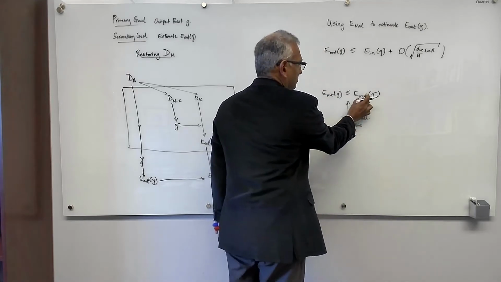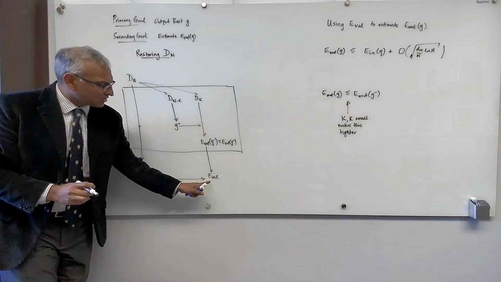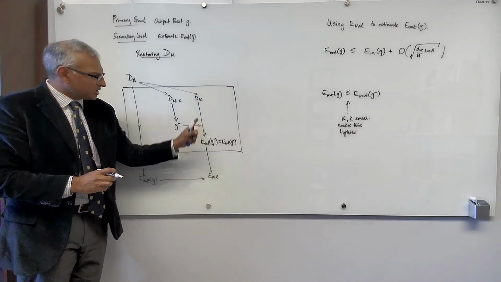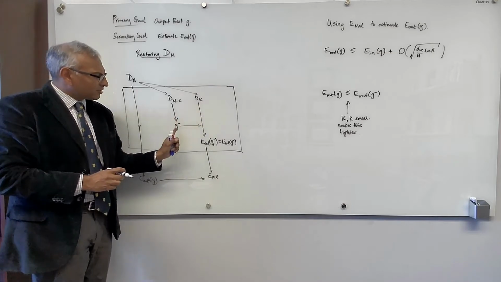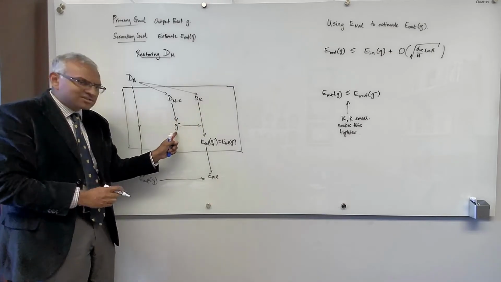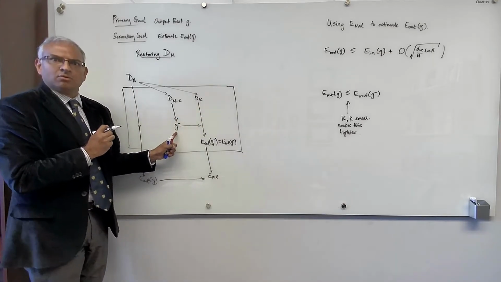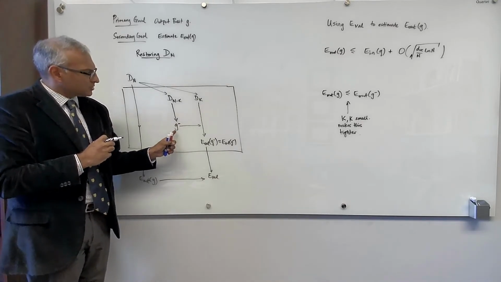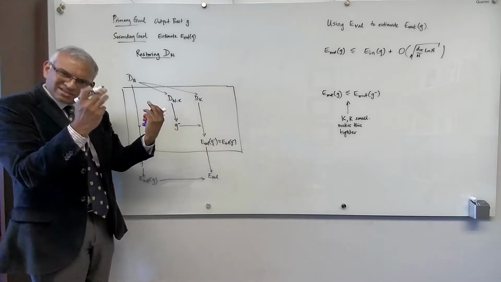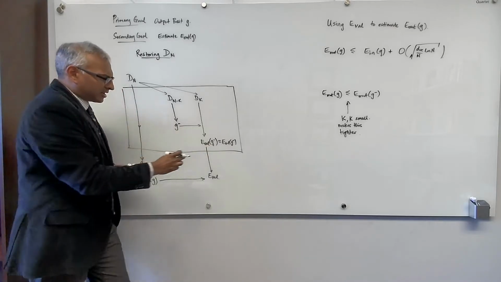Okay, but now what is E out of G minus? We're using the validation error, and the validation error is a k sample estimate of the out of sample error of G minus. But G minus is just a single hypothesis, so we can use the single hypothesis Hoeffding error bar. So the validation error is an in-sample error in some sense.